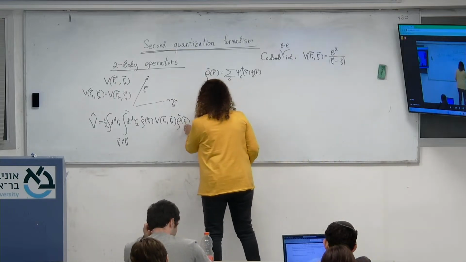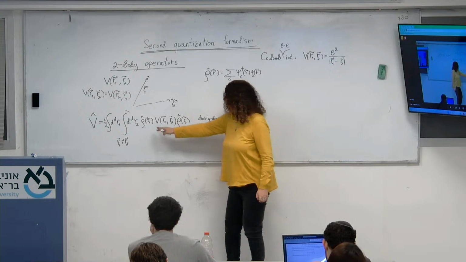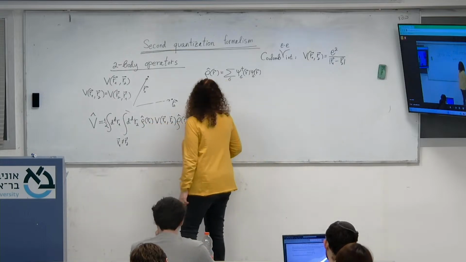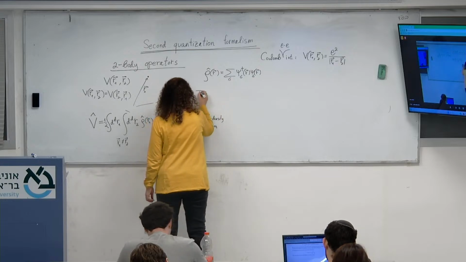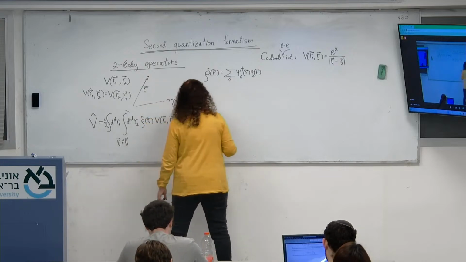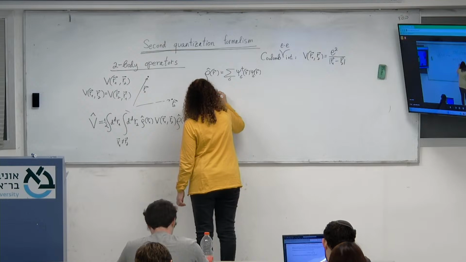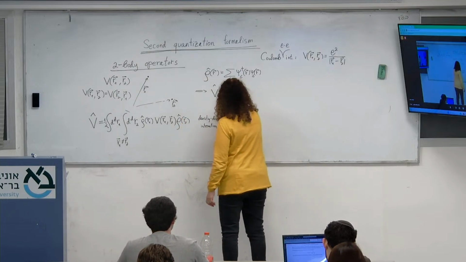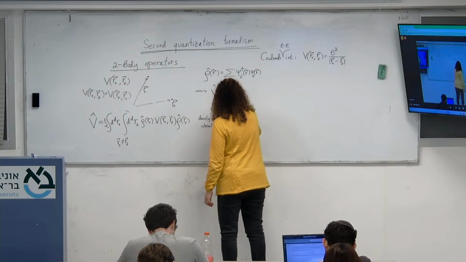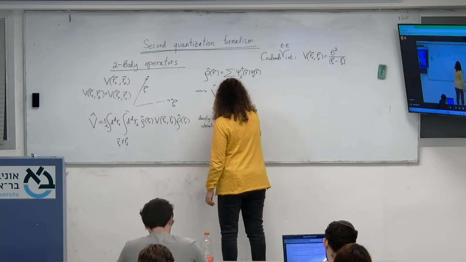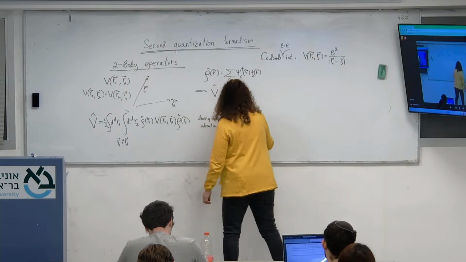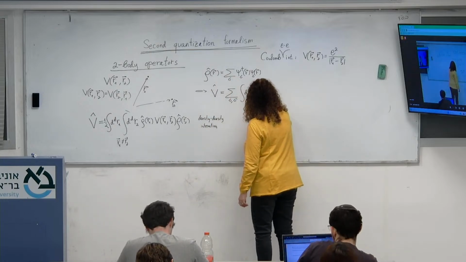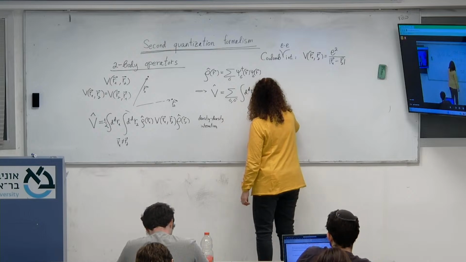And now I plug it here, but here I have R1 and R2. I have two coordinates. So when I plug this in, let me write a general expression. I get a sum over sigma prime, an integral over R1, an integral over R2.